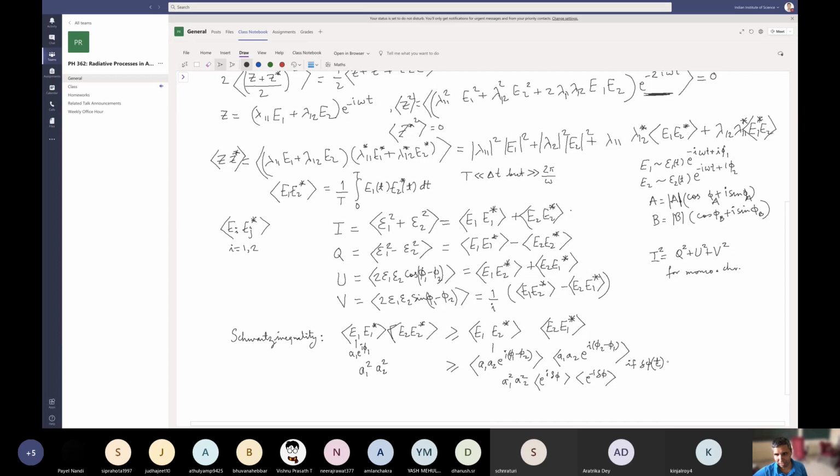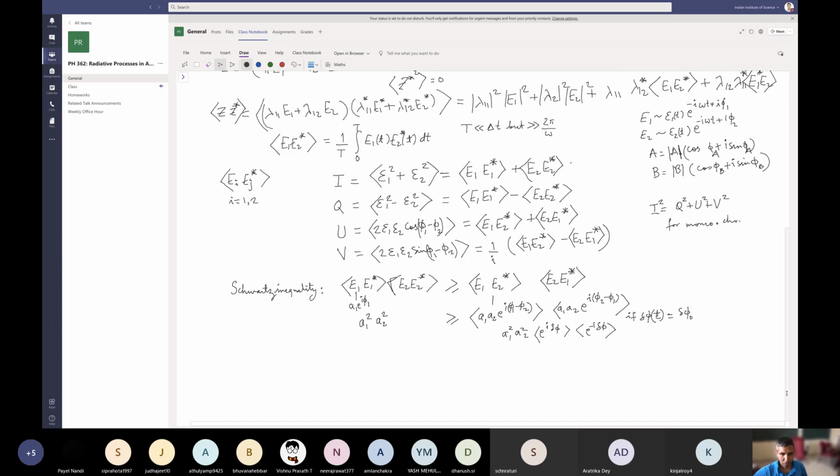So if delta phi is independent of time, if it is delta phi naught, then this will just multiply and give you 1, but otherwise it will not. So basically this is the Schwarz inequality.